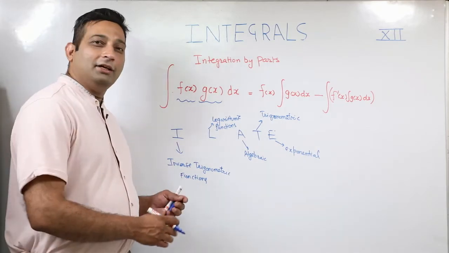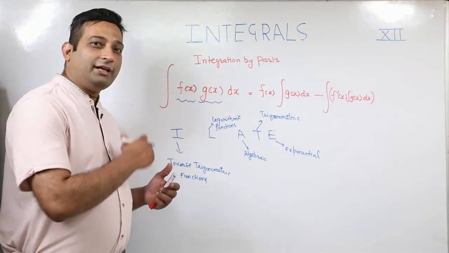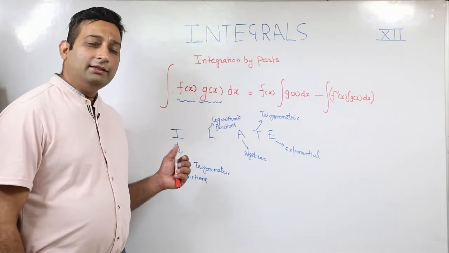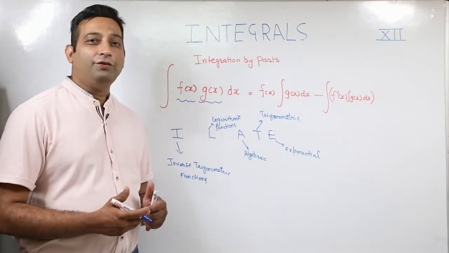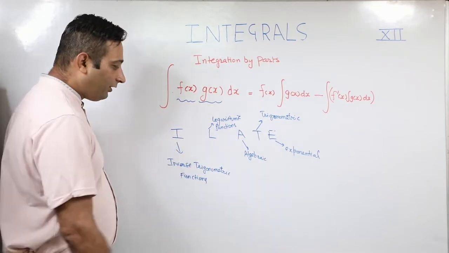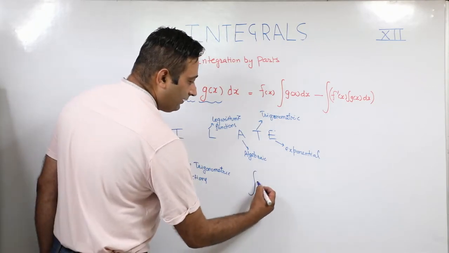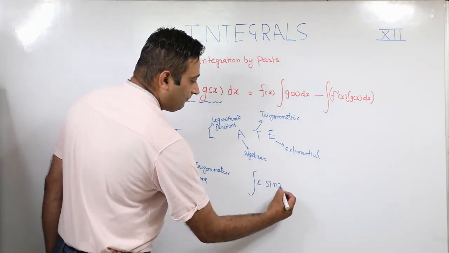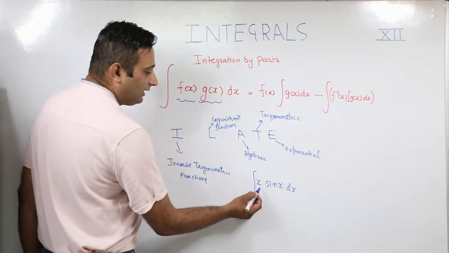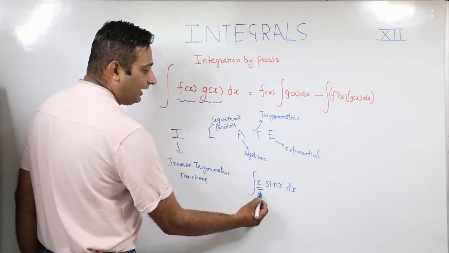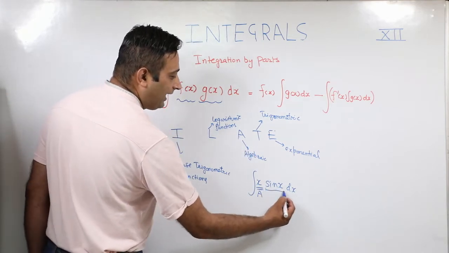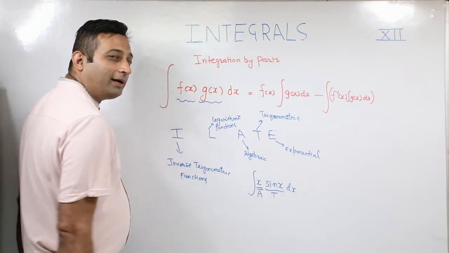If we take the first and second function in this order, then we will be easily able to find the whole integral. For example, in the last question, we had x sin x. What we have chosen is the algebraic function A as first function and T as trigonometric function.